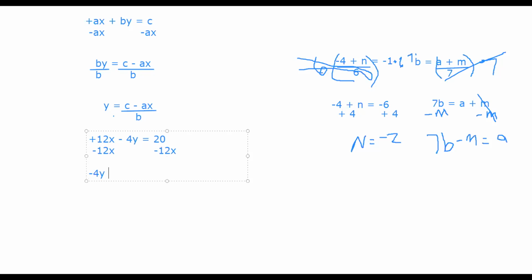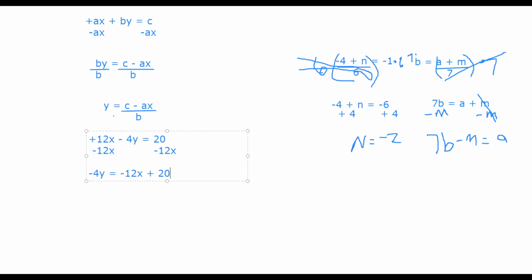So then we're left with minus 4y equals negative 12x plus 20. Now I didn't leave that minus 12x at the end because I know I'm trying to get this into y equals mx plus b format. So I put that x term right after the equal sign because the x term follows the equal sign in slope intercept.